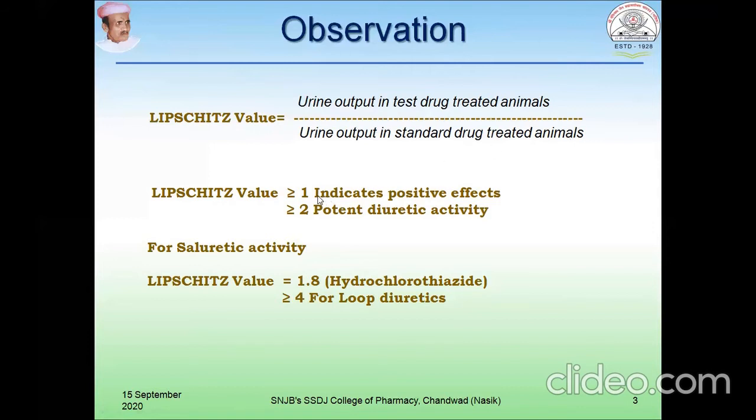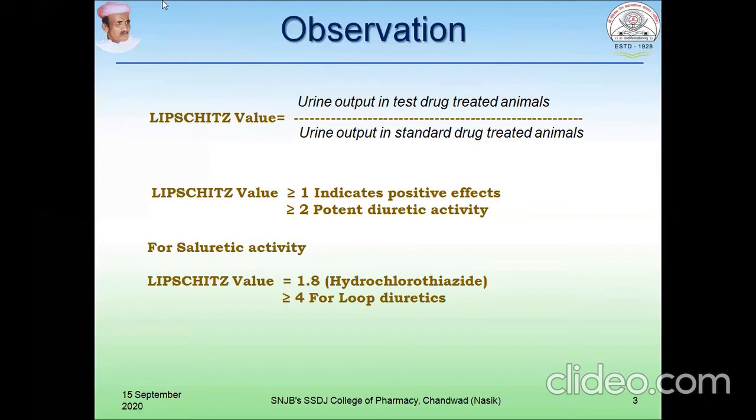If the index value is more than or equal to 1, it is considered a positive diuretic effect. If it is more than 2, it is considered potent diuretic activity. Sometimes a dose response curve can be established by using various doses of the drug and collecting the urine sample.